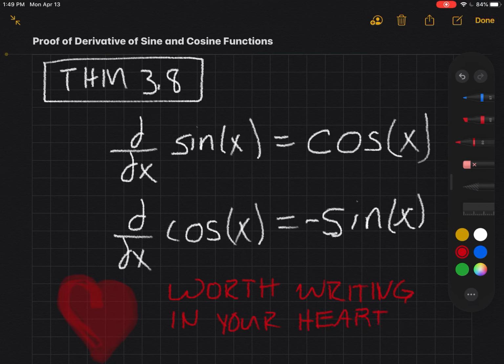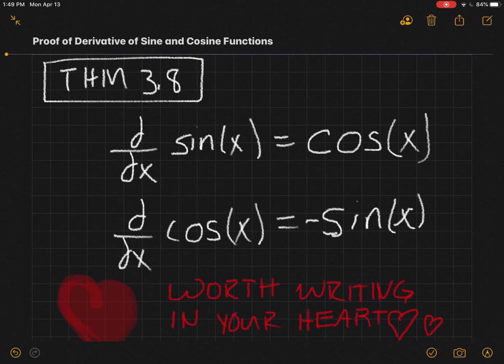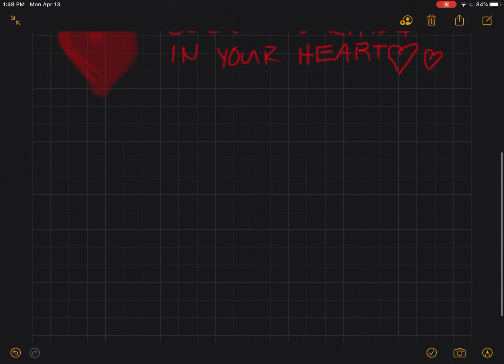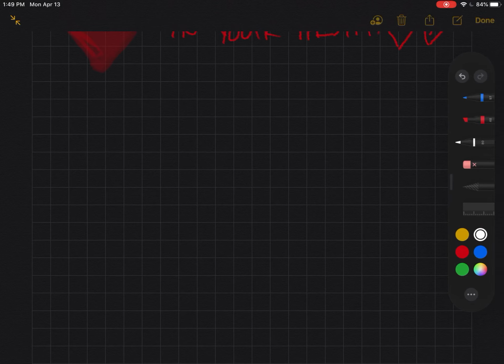So these are worth writing in your heart. I say writing in your heart instead of memorizing because a lot of us have negative feelings about memorizing stuff. These are going to be so useful that they're worth just knowing. So I would say keep these in mind.